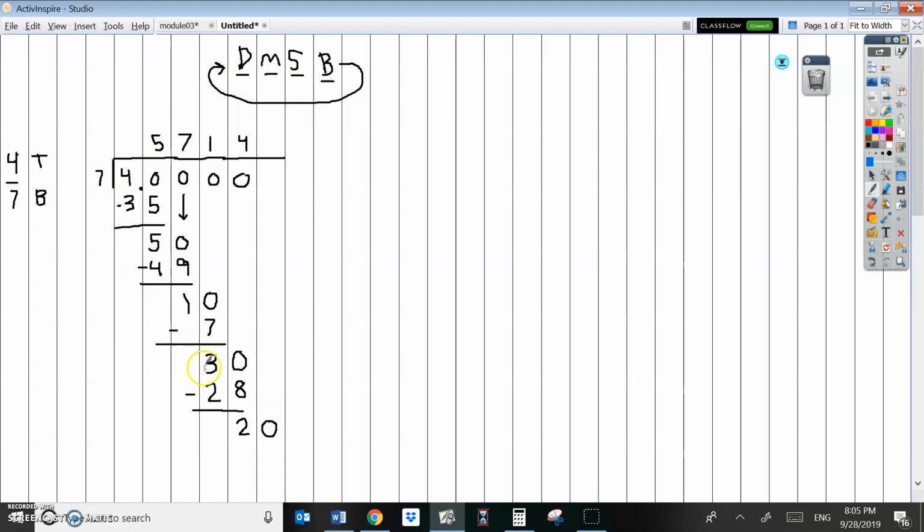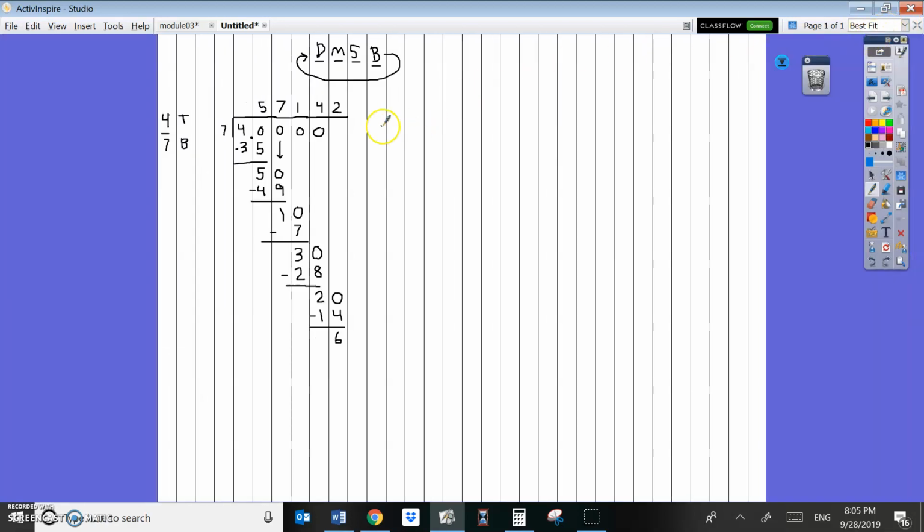How many 7s in 20? 2. Multiply. 2 times 7 is 14. Subtract. And bring down. Extend your division bar.